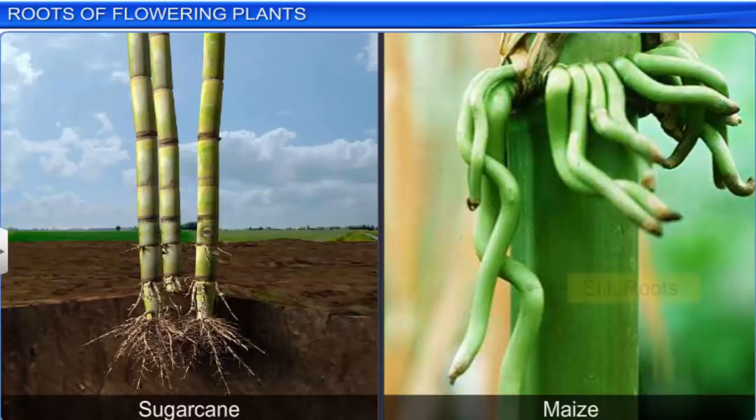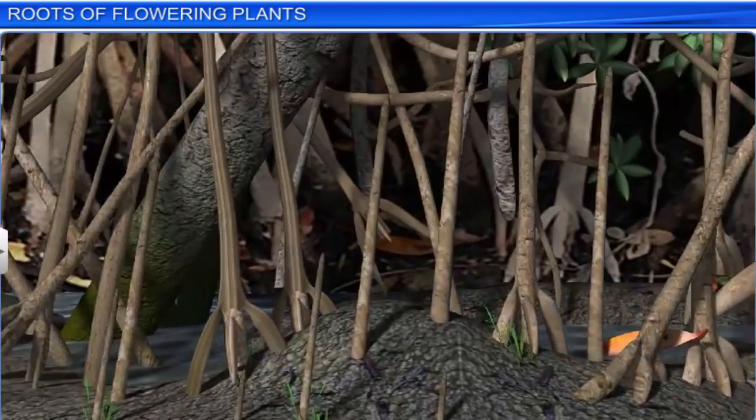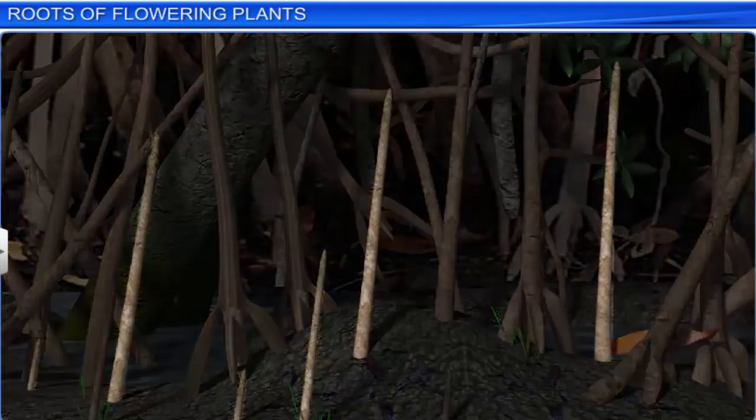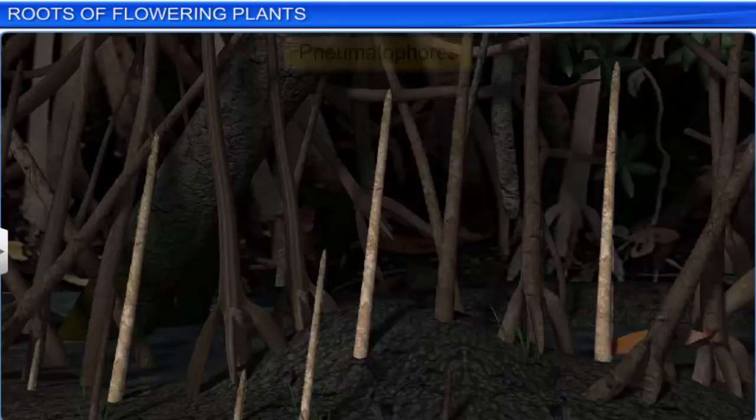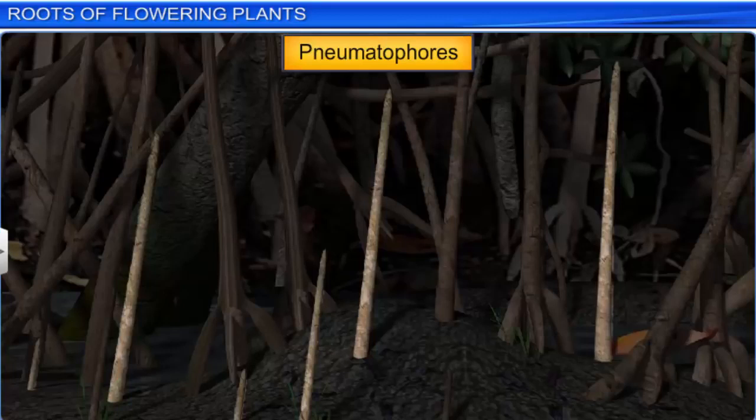These roots are called stilt roots. Roots also modify themselves to help get oxygen for respiration. Such roots are called pneumatophores and are seen in plants like rhizophora that grow in swampy areas.